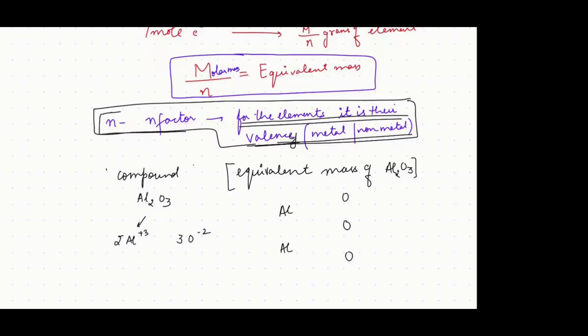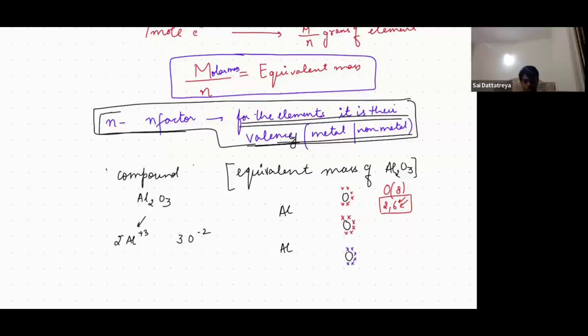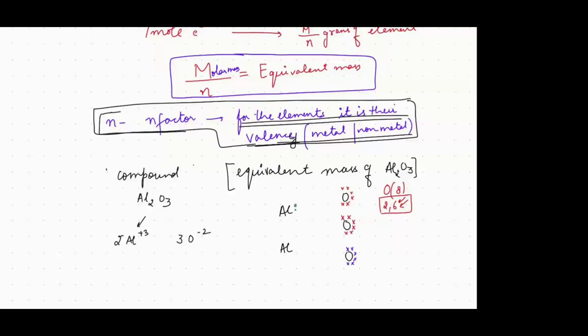Now, oxygen has atomic number 8, configuration 2, 6, and it requires 2 electrons. So for every oxygen, I'm going to draw 6 electrons, with the condition that it needs to gain 2 electrons. For another oxygen, I would draw another 6 electrons, and for the third oxygen, another 6 electrons.